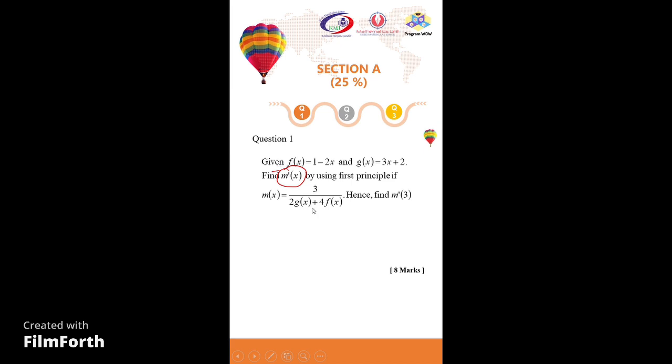Given m(x) is equal to this expression, and then you need to find m prime of 3, meaning that after you get m prime, you substitute 3 into the variable x. Here we have 8 marks.